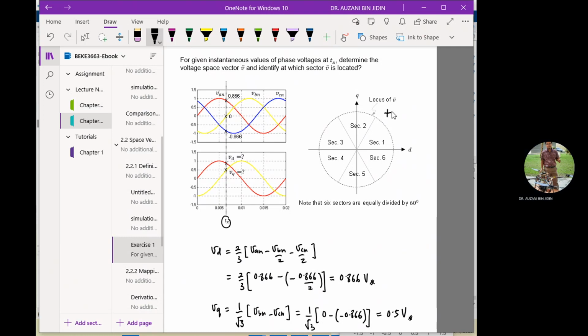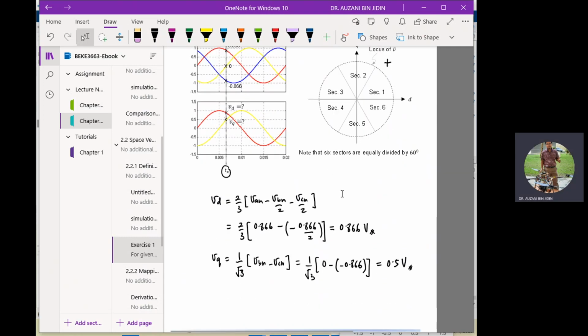Positive. So is it either sector 1 or sector 2? In order to get the answer, you must calculate the angle.